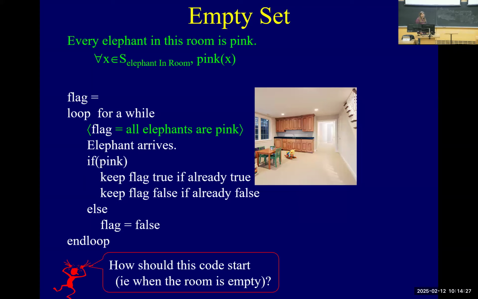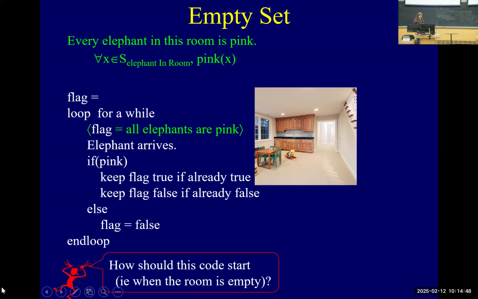So now we want to think, how do you start the code? How do you establish the loop invariant? When we establish the loop invariant, there are no elephants in the room. So do we want to set the flag to say that they're all pink?